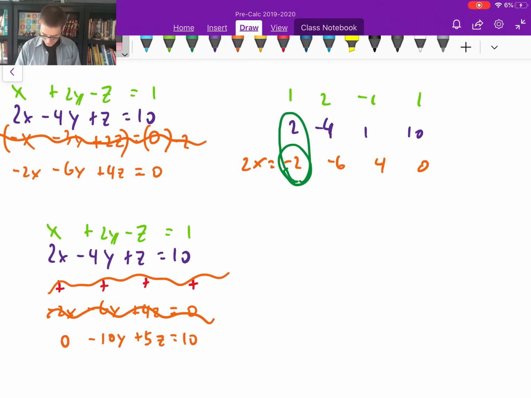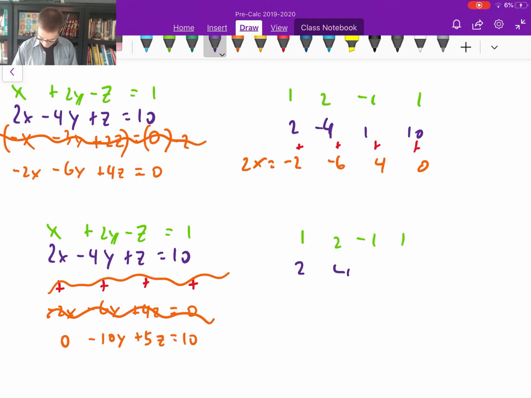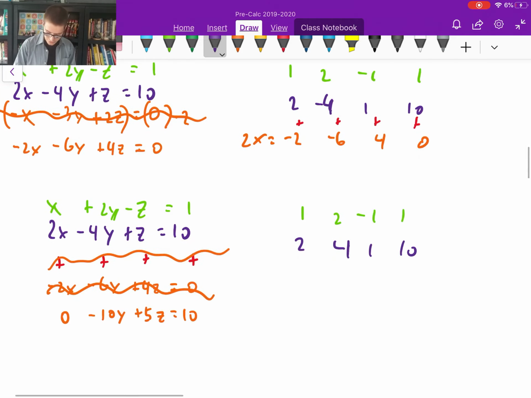So we can add, and that'll give us 1, 2, -1, 1, and then 2, -4, 1, 10. Those are the same from before. And then when I add that to the orange, it becomes 0, -10, 5, and 10.